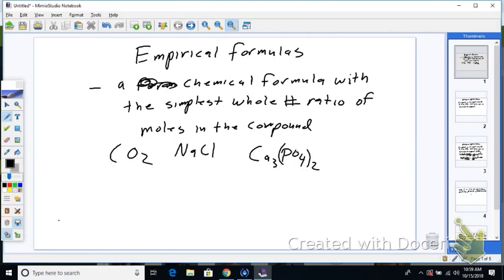But, for example, if I have glucose, something that you guys talk about in biology, the glucose formula is C6H12O6. So that is the molecular formula for glucose. That's actually how it goes together. It's a cyclic structure where you have carbons.